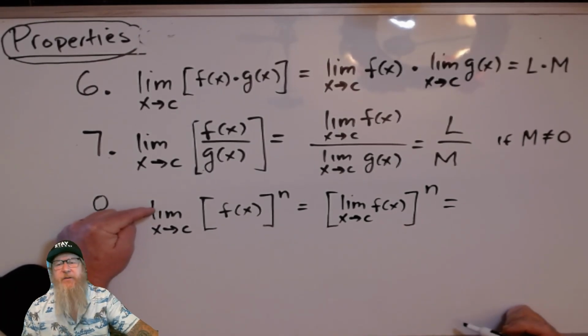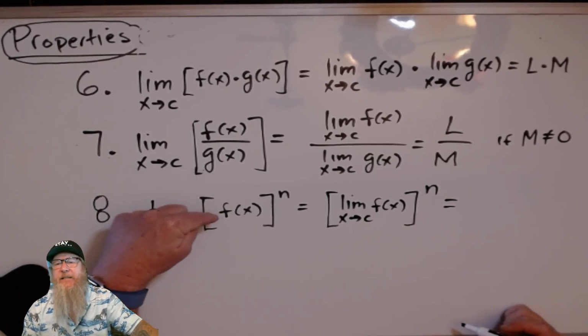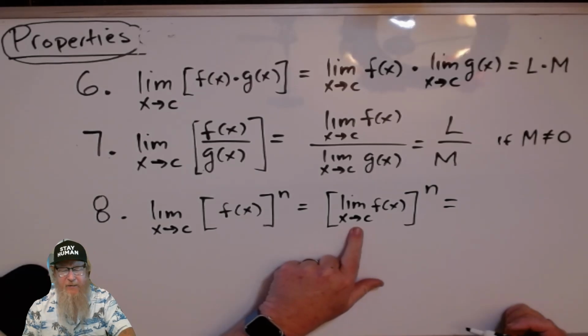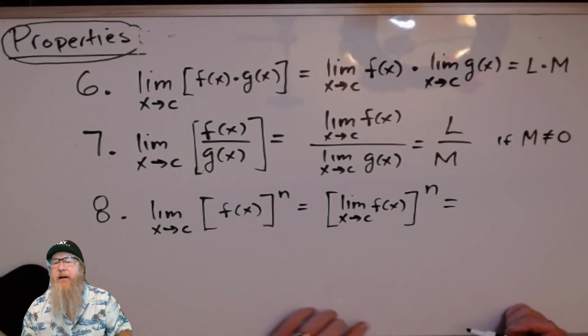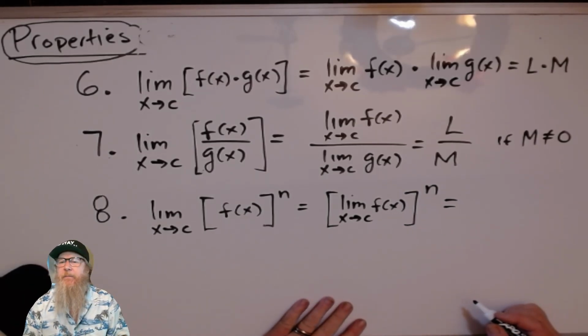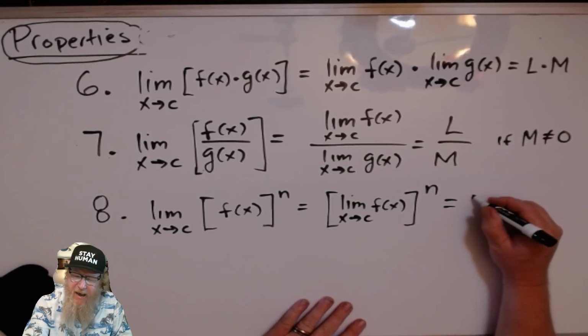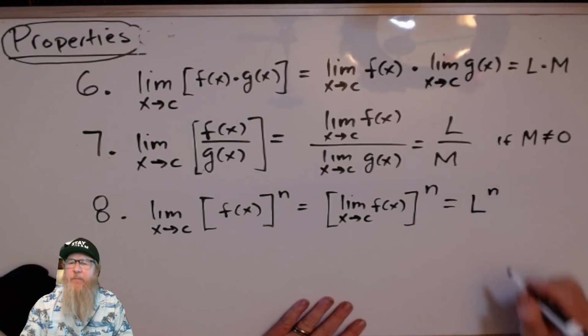So it's kind of thought of as just taking the limit and putting it inside the brackets and then calculating the limit, and then after you're done, calculating the power. Now again, we know that this function is f, so we know the limit is L, and then the power is n.